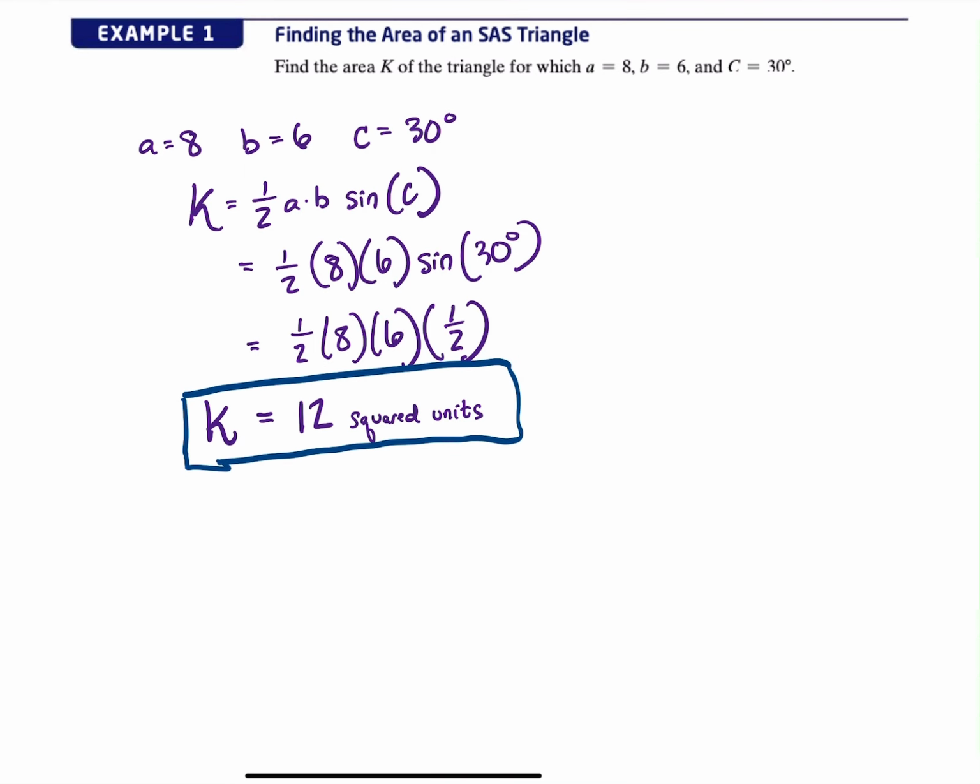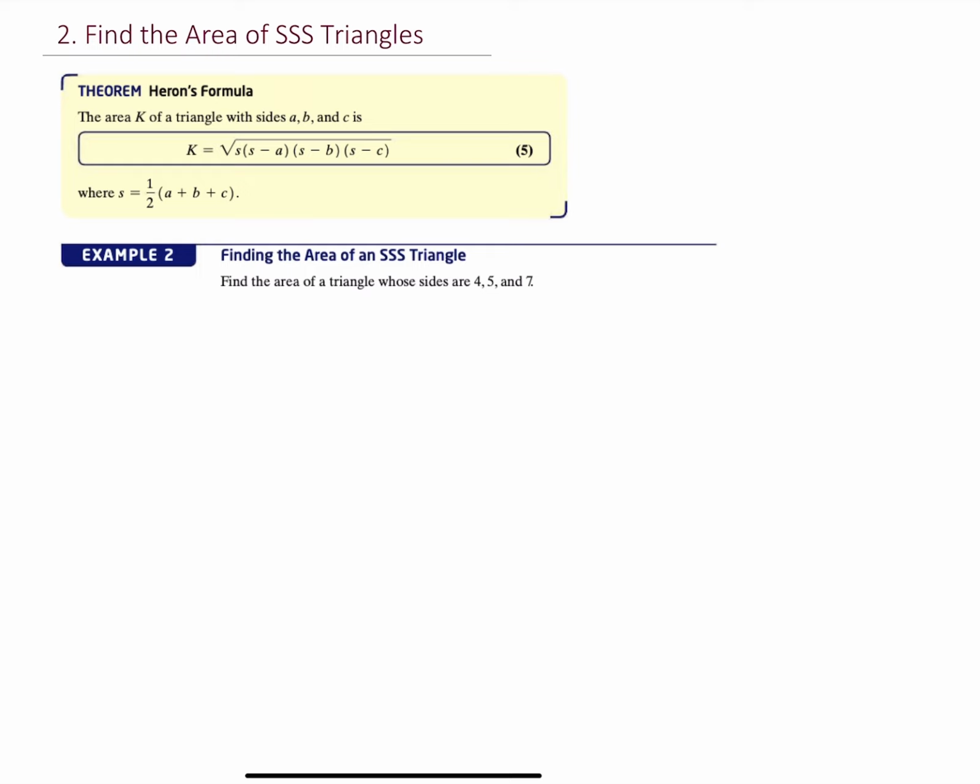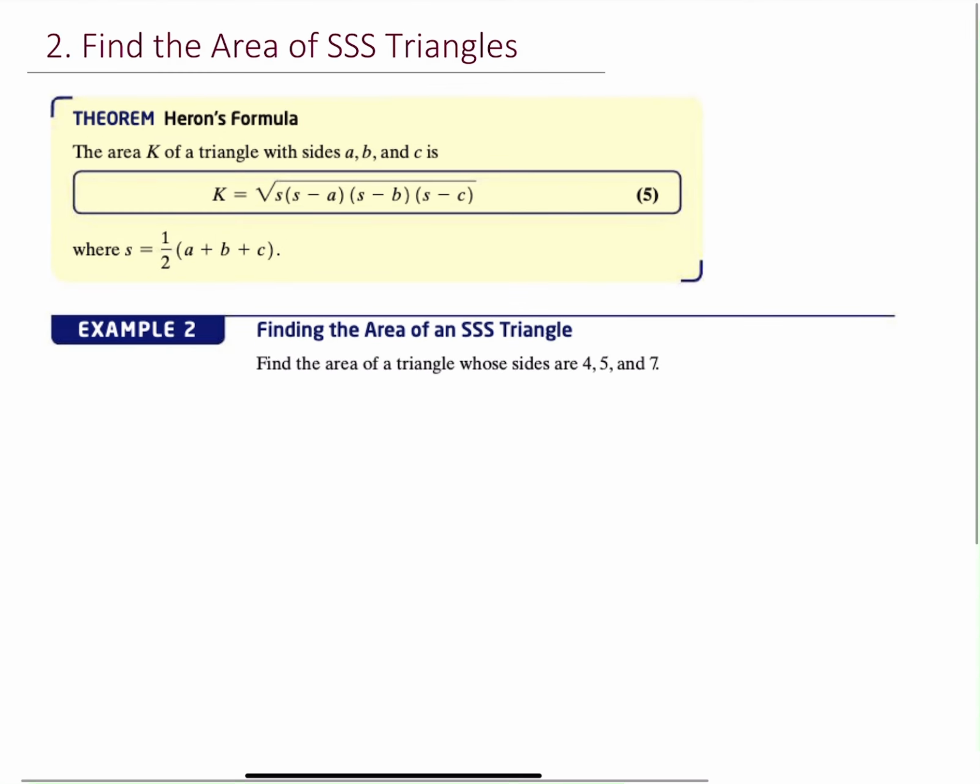There is an additional formula for the area of a triangle if we only know side lengths. If we don't know any angles, say we're unable to measure the angles in the triangle, but we just know the side lengths, we can use what's called Heron's formula. This was developed by an old school mathematician, so let's put it to use.